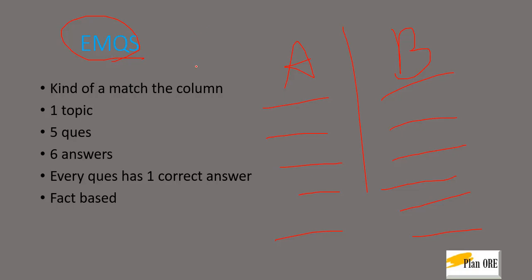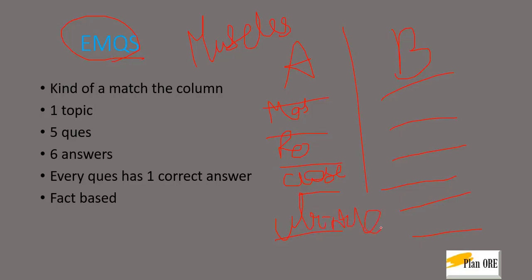For example, if the topic is muscles of the face, so the questions will be which muscle is responsible for mastication, which is responsible for pouting of lips, which is responsible for closing of your eyes, what is responsible for making wrinkles on your face.